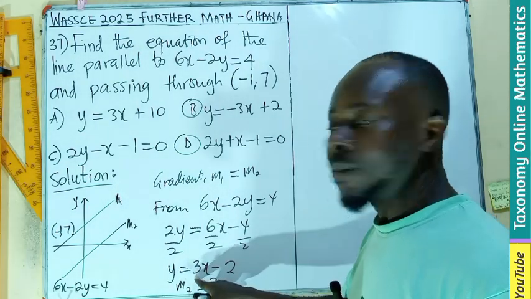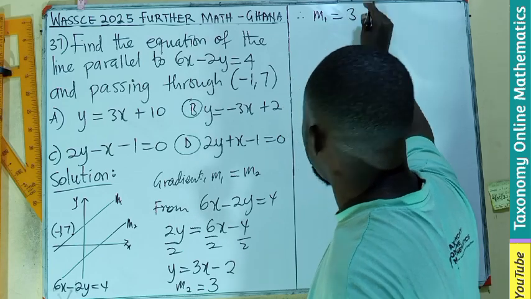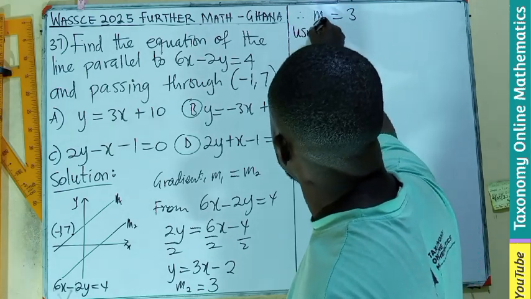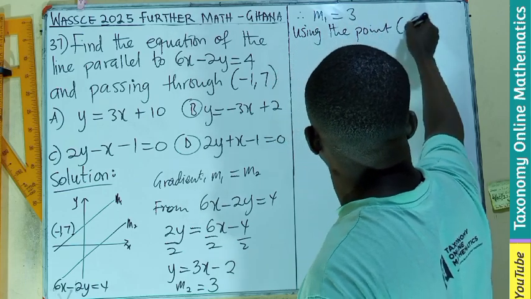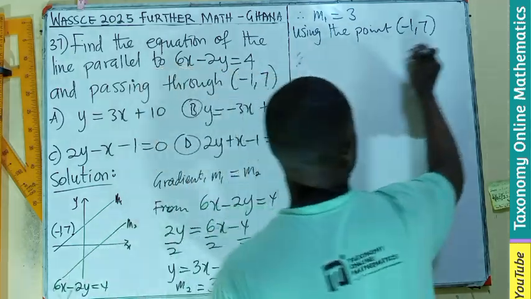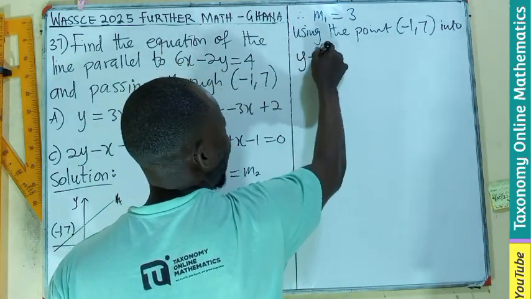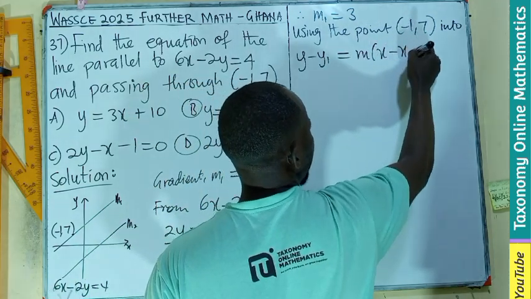This is the gradient. So therefore, M1 is also 3. Then we are going to use the point -1, 7 in y minus y1 equals to m times x minus x1.